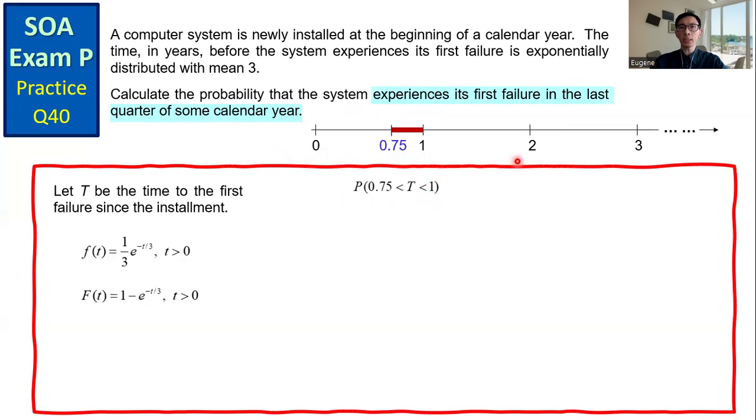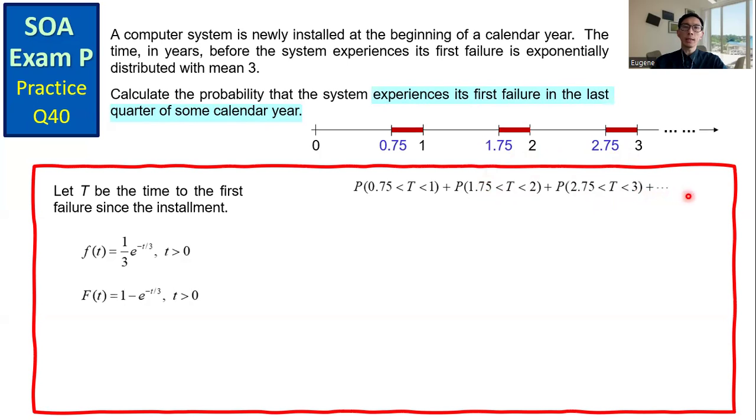And then in the second year, the last quarter corresponds to the time between 1.75 and 2. Include this probability. And then in the third year, the last quarter from the time 2.75 to 3, include this probability, and so on.